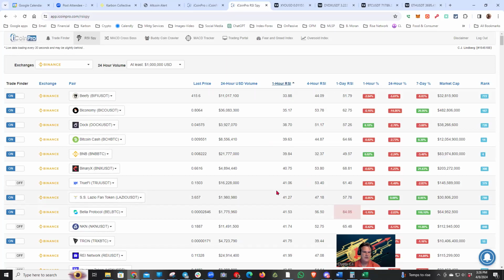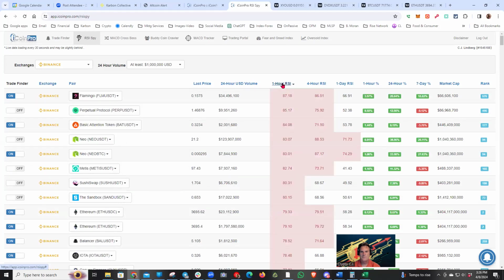So in this situation, I will flip the sort and look for values above 70, because I can either short those or they're due for a dip, and they can be good on that 50 alert I showed you moments ago.